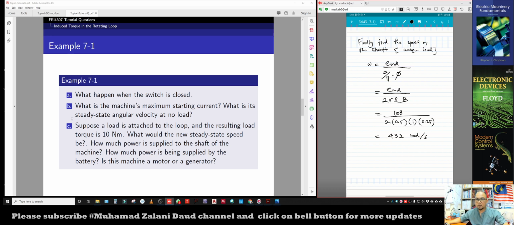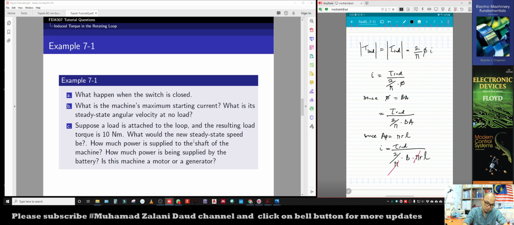So there is still some other question that we need to solve in C. How much power is supplied to the shaft of the machine? Let me just recap this.